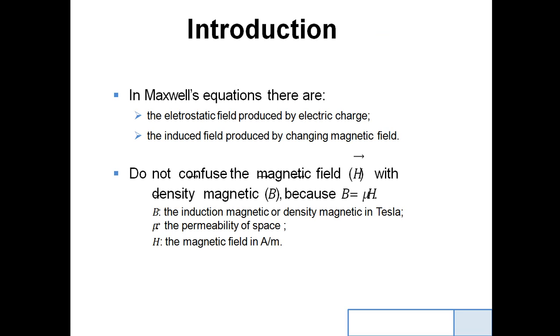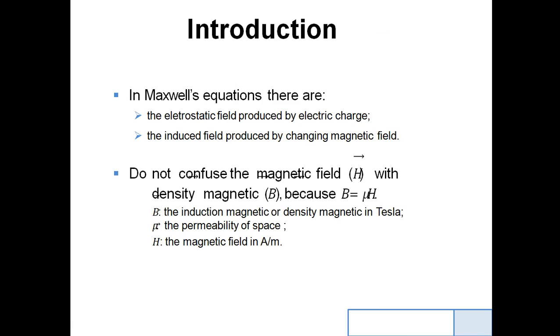B is the induction, the magnetic flux density. The unit of magnetic flux density is Tesla. Mu is the permeability of the space, and H is the magnetic field strength, and the unit of it is A by meter. You can use Weber per meter square, or you can say Tesla for B, and H is for ampere per meter.